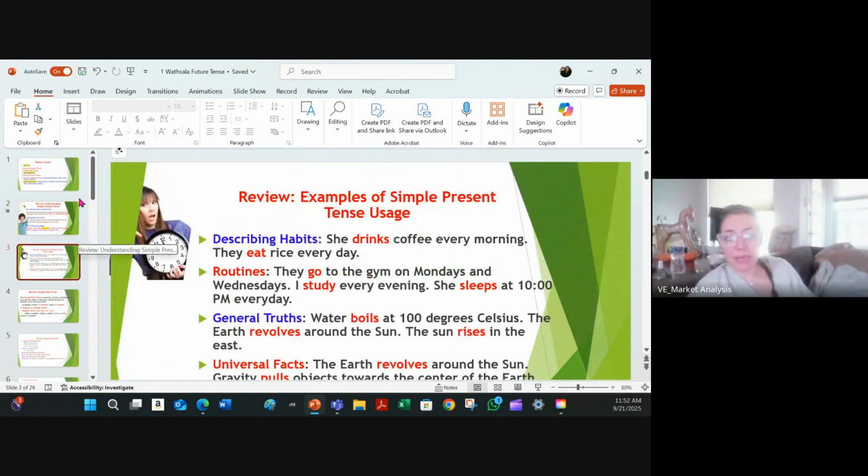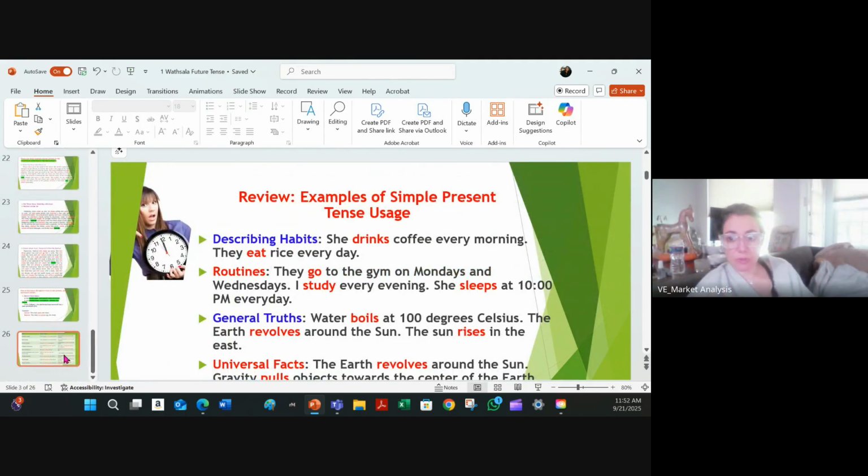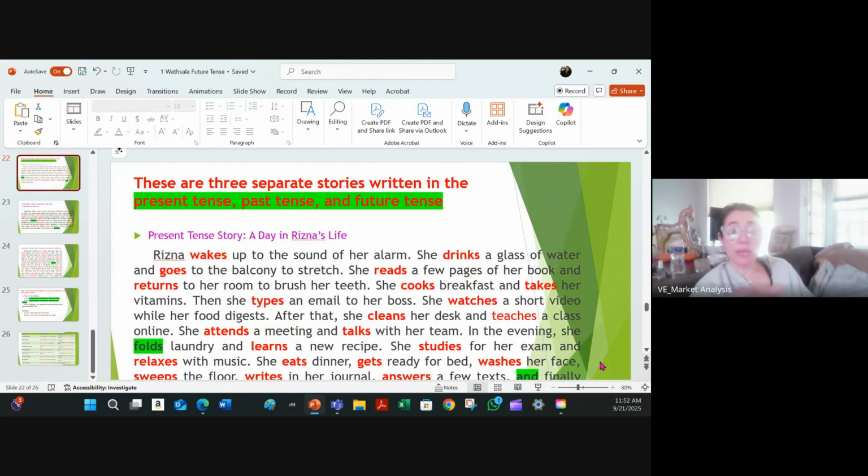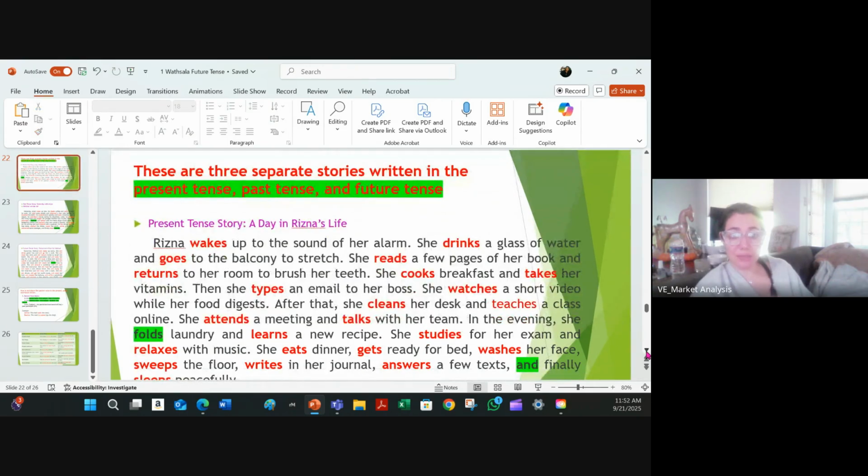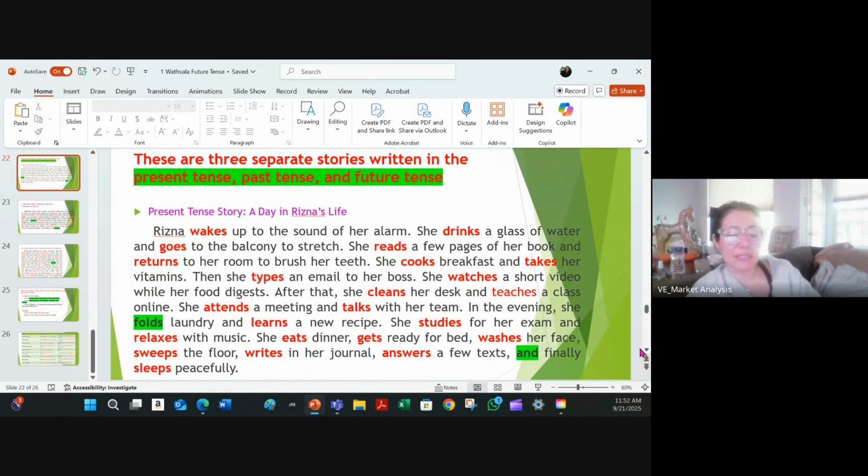I was just going to say those paragraphs at the very end, if you go to slide 22, it starts with 22. So like how you have your present tense, past tense, and future tense stories.